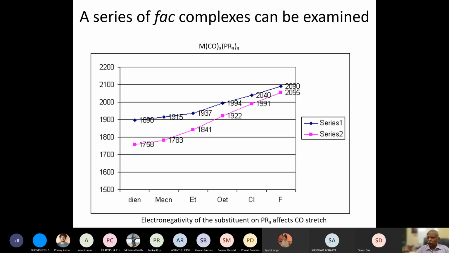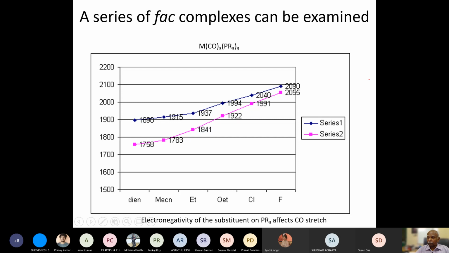So if I plot the electronegativity of the substituent versus the stretching frequency, I get a similar reasonable relationship that I have shown here.